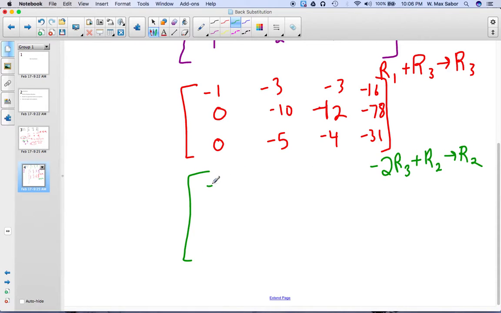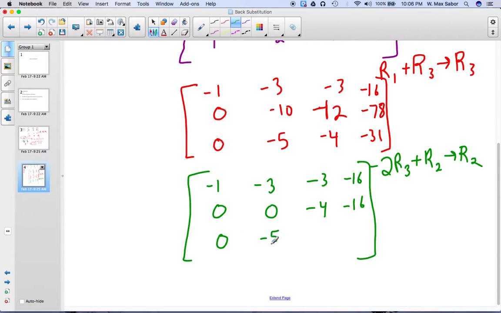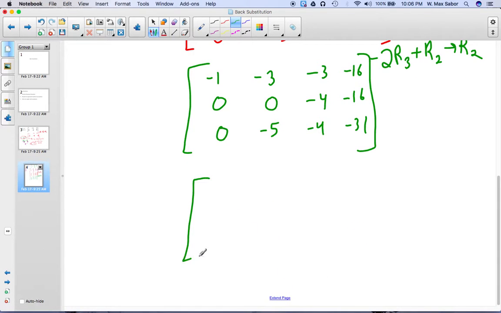Again, this is all to put it in row echelon form. 0, 0. -2 times -4 is +8. Add that to -12 and we get -4. -2 times this is +62. Add that to -78 and we get -16. 0, -5, -4, -31.